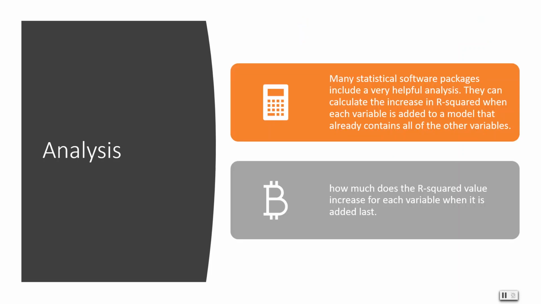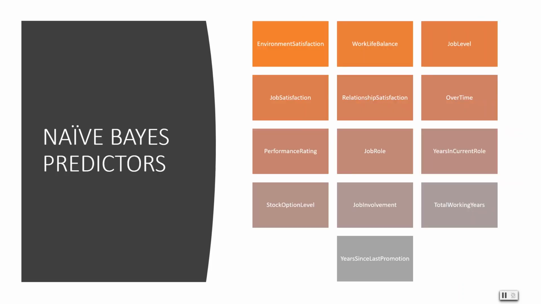In the analysis, I was able to use the R-squared value, which is relatively dependable when you're dealing with models with multiple variables. So I systematically added a variable one at a time and then took note of the R-squared value's response. With naive Bayes predictors, I used a pretty large sampling of predictors.